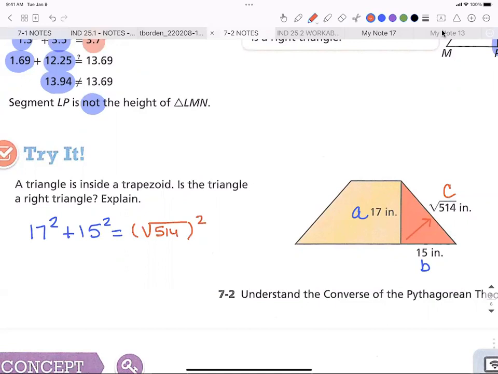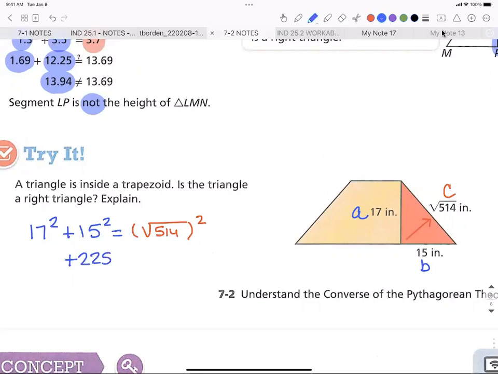Okay, let's see. Jacob, would you square 17? Corbin, square 15, and Dalton, square the square root of 514. And then Micah, I'll have you add the two blue ones together when they're done. Okay. What is it? Try that again. 17 squared. What'd you get? 225. Good. Hang on.